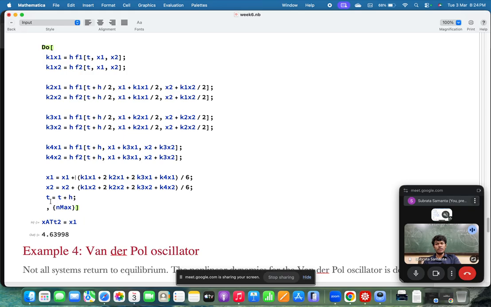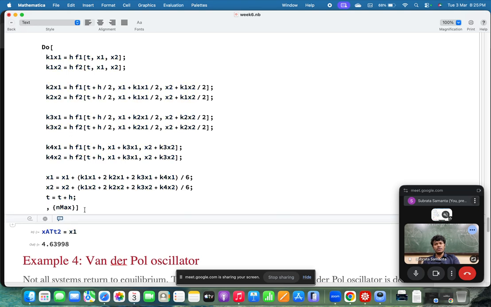You calculate and then update t with t equals t plus h, and then calculate again. We perform the loop n max times. At the end x1 gives the values of displacement at t max, and x2 returns the values of the velocities at t max.